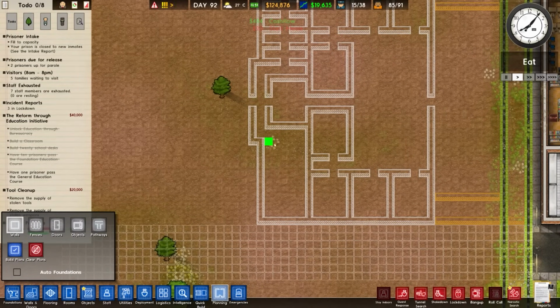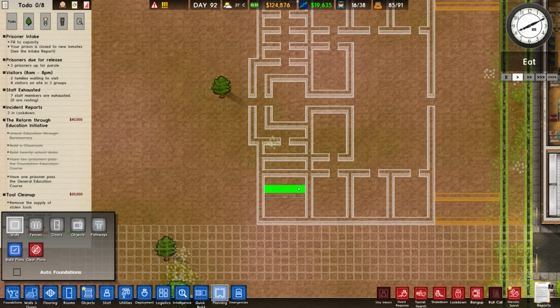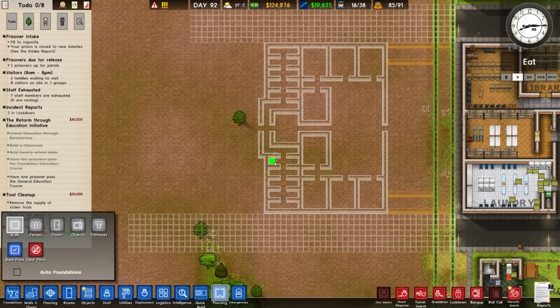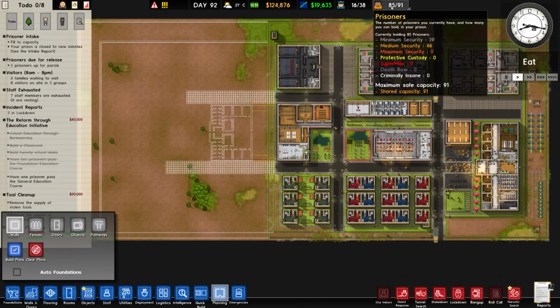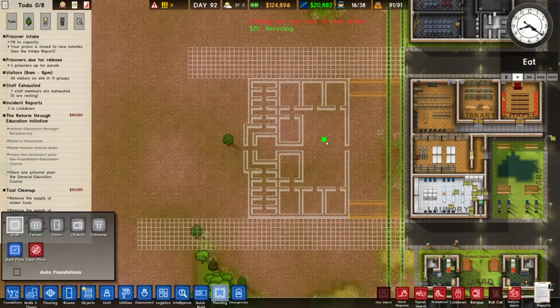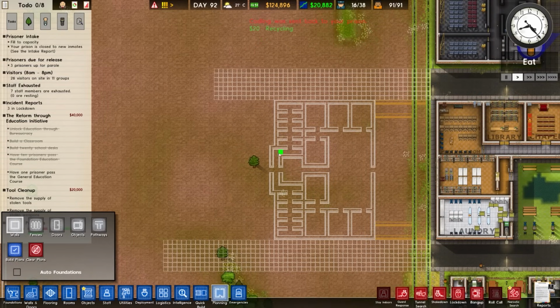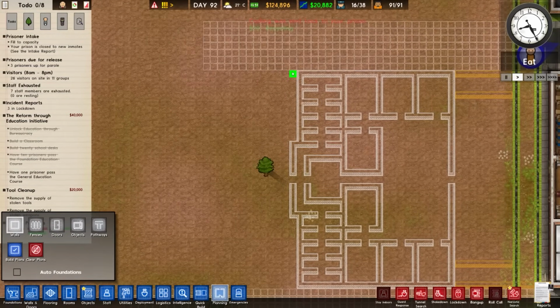So, we could do that. Let's just put these in like this. 2, 4, 6, 8, 10, 20. 20 out of 91 prisoners. Is that sufficient? Probably. Do I want to do more? Yes. Yes, I do. 7.